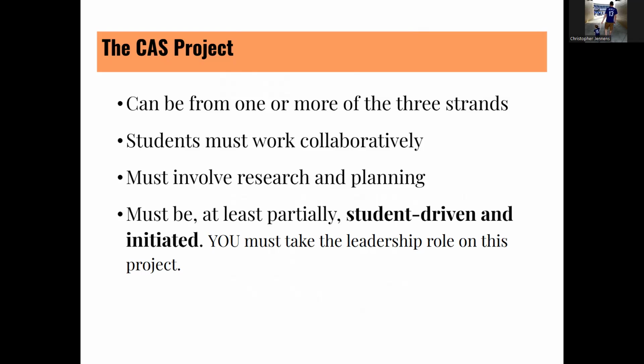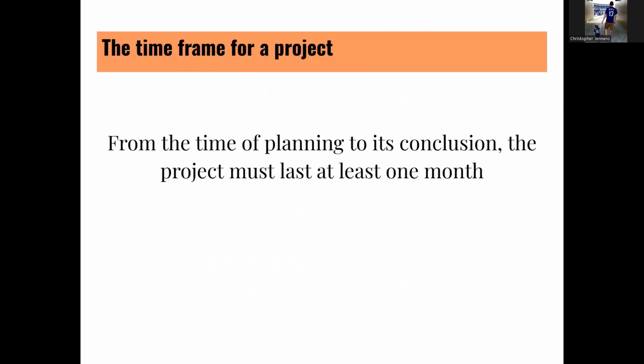It does need to involve some degree of research and planning, and it must be at least partially student-driven and initiated. So students are taking on the leadership role in this CAS experience. I often describe it as something where the student is basically taking the adult role and doing all the behind-the-scenes stuff that an adult would do to put on an experience. And I'll give you a few examples of those here in a moment.